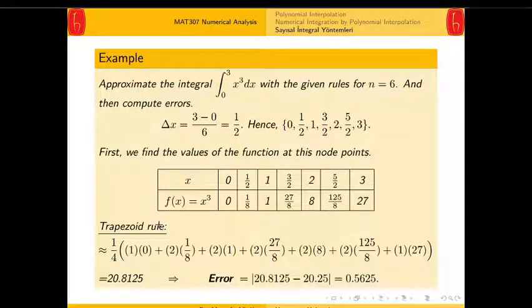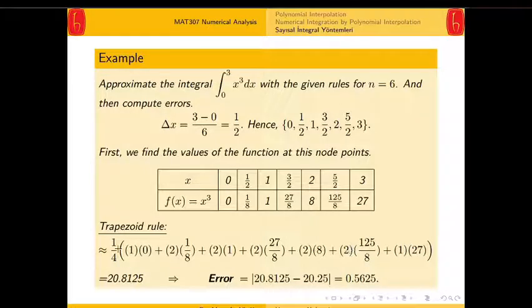Okay, if we consider the trapezoid rule, in the formulation we have delta t over 2 times 1, 2, 2, 2, and it will go all the way up to wn, where it will be equal to 1.